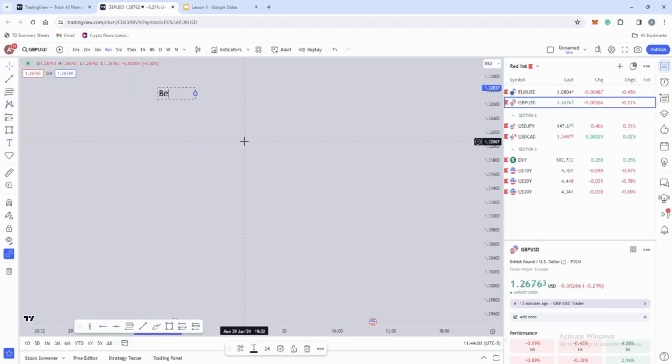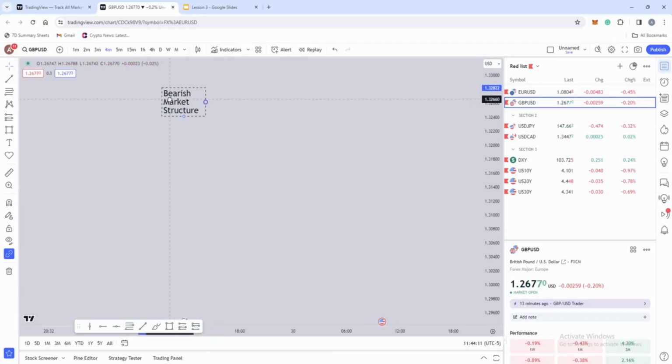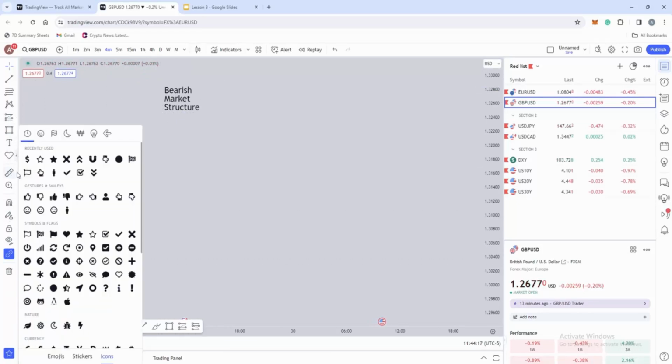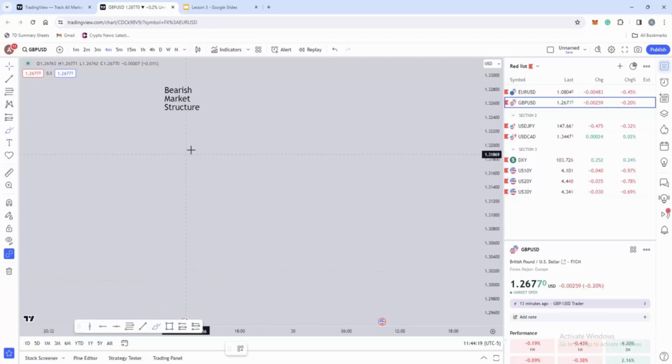So, bearish market. The way it would look is like this. Let me find the brush.